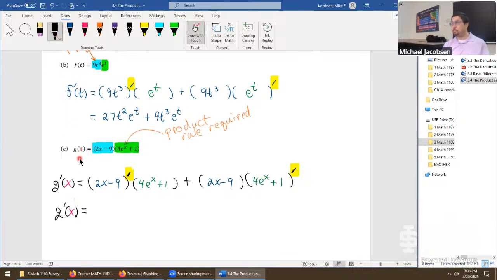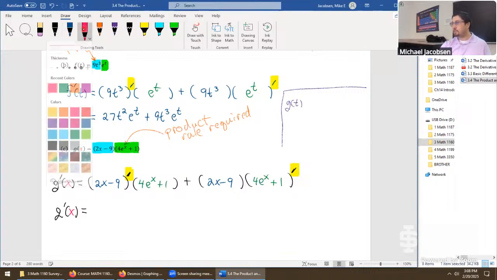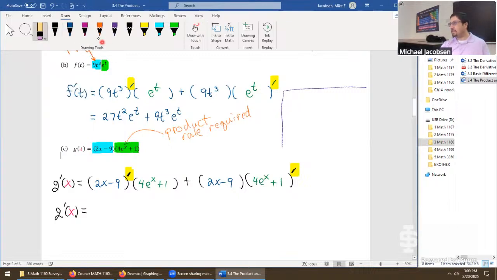The reason that's such a big deal is, let's put this out in a box over here. If you say g of t is 2x minus 9 times 4e to the x plus 1, and then you go to calculate g prime at t, the surprise here is it is now 0, because if you put in a variable t, that's the independent variable.